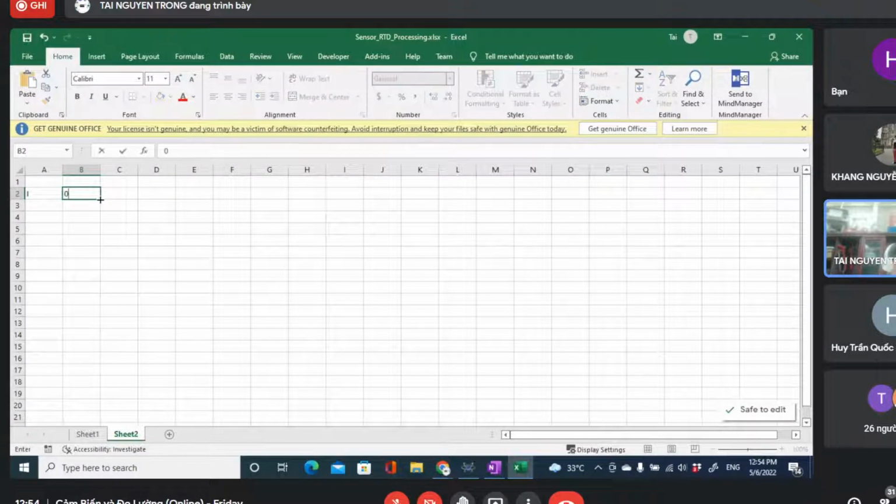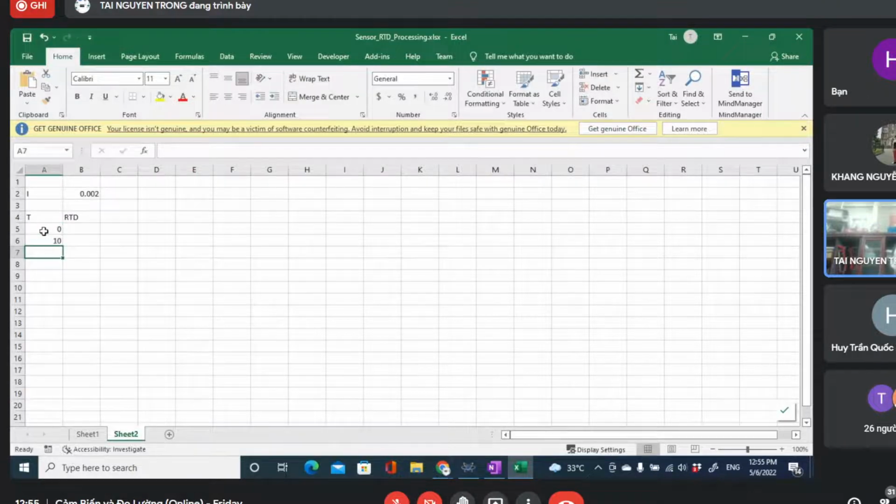It means 0.002. Let's see the current and the value of RTD. Temperature first, RTD value, and the value is 0, 10, 20. Okay, and then I increase.